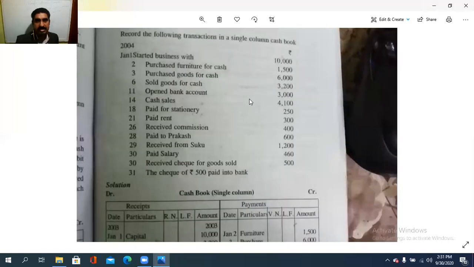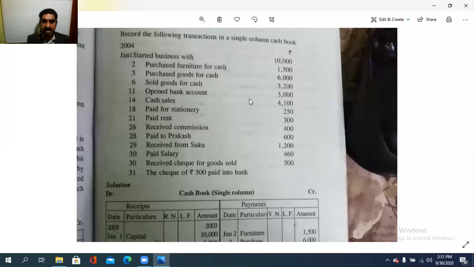Record the following transactions in a single column cash book.